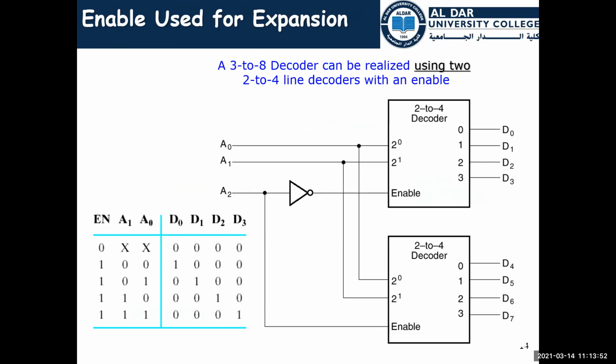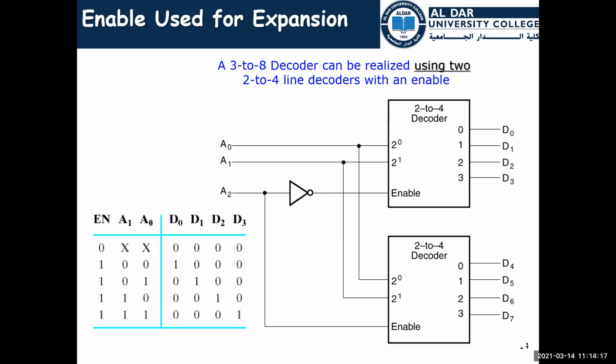We have two copies of 2 by 4 decoder, and we want to use them to represent a 3 by 8 decoder. If you have two decoders of 2 by 4, you can represent a 3 by 8 decoder. This is what is designed.